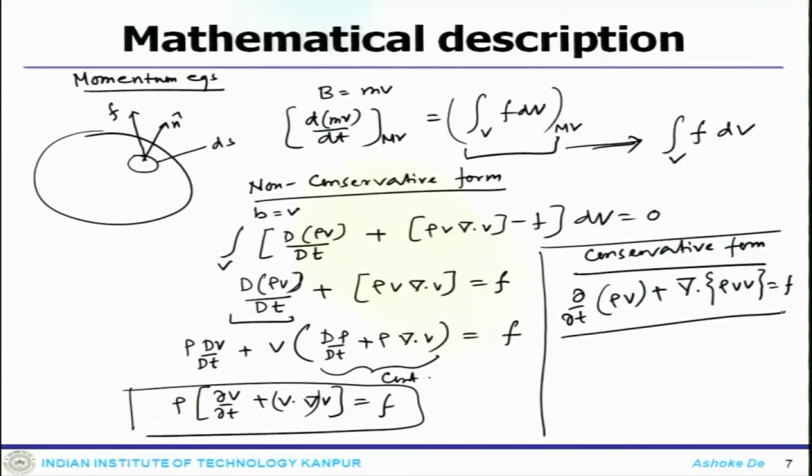Now, the important point comes: what is this f? f has two components, one is the surface force, another is the body force. Now, what are the surface forces? If you look at this system, the surface forces would be, if S is Σ·dS, so it could be equal to Σ·n dS.